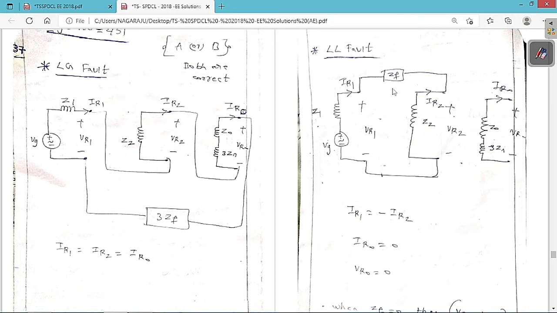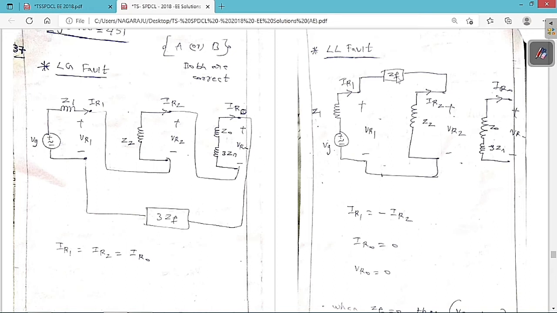So listen carefully. Whenever ZF is equal to 0, then VR1 is equal to VR2. If ZF is not equal to 0, then VR1 is not equal to VR2. These are the conditions that you are going to get in the LL fault. In the LL fault, IR1 is equal to minus IR2, IR0 is always equal to 0, and VR0 is always equal to 0.